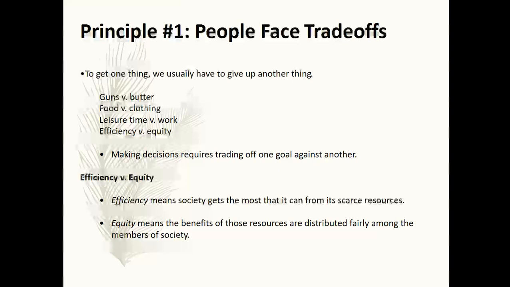In case of guns versus butter, same labor and capital, but limited. So, decision has to be taken to produce one of them. Like there comes the concept of trade-off. You have to trade off between the production of guns or butter.